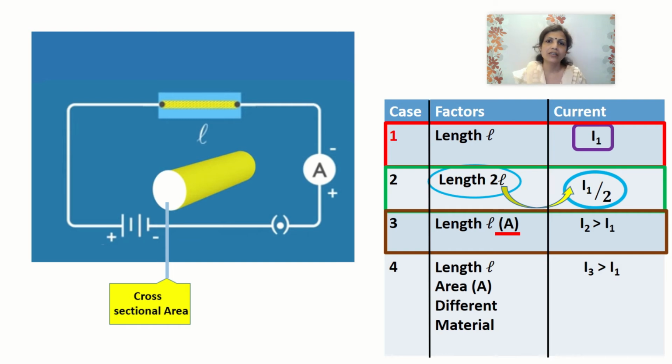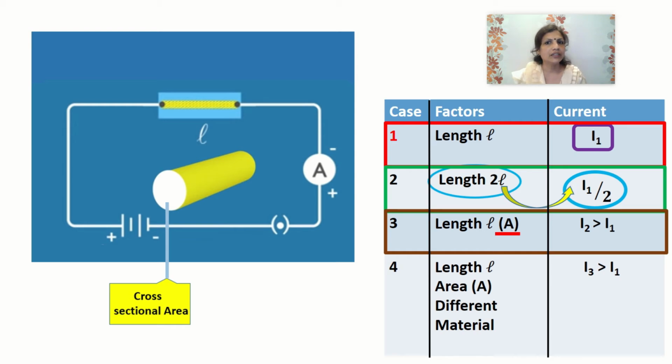Meaning that the length of the wire is the same, but if you increase the cross-sectional area of the wire, the current flowing through the ammeter is more.